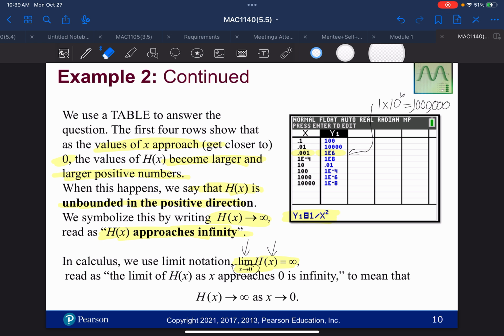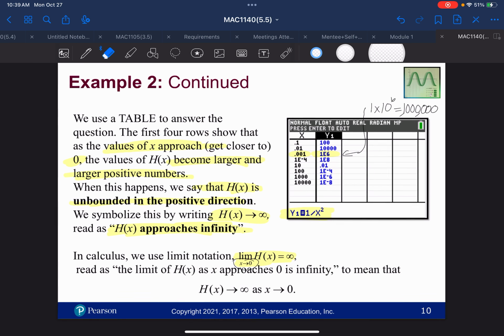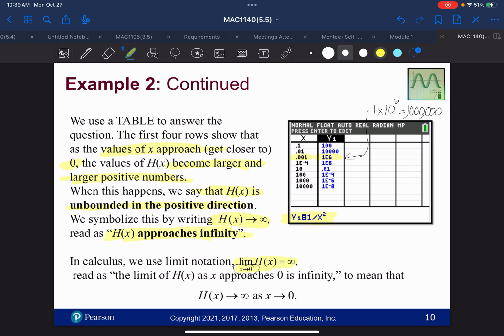So as x gets close to 0, our function gets close to infinity. And so putting all that together, we usually write this notation like this. Our function h of x is approaching infinity as x is approaching 0.